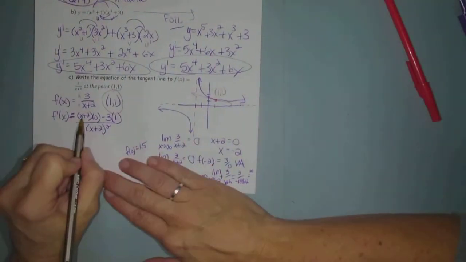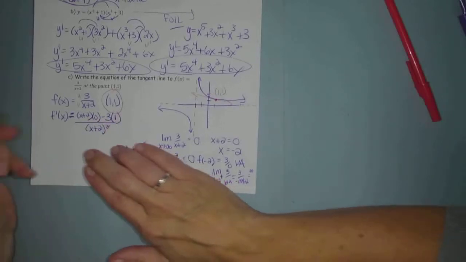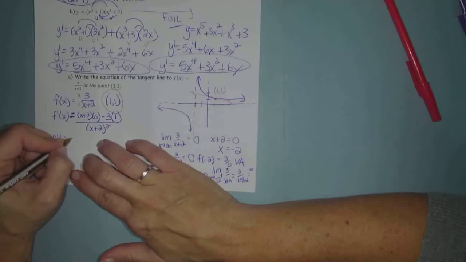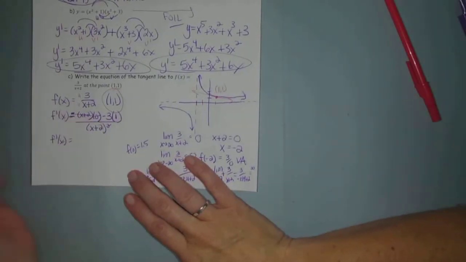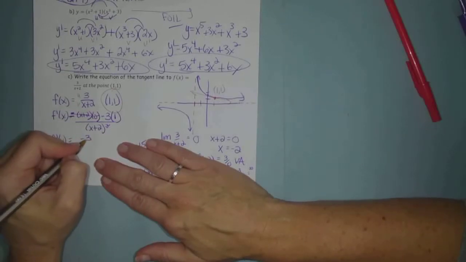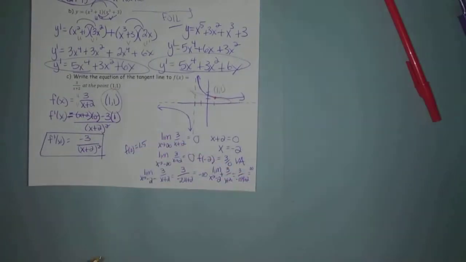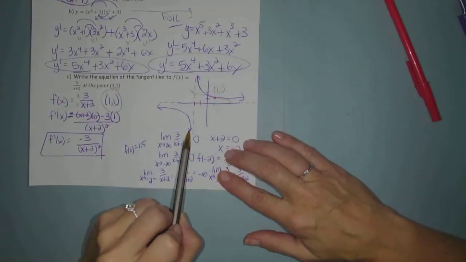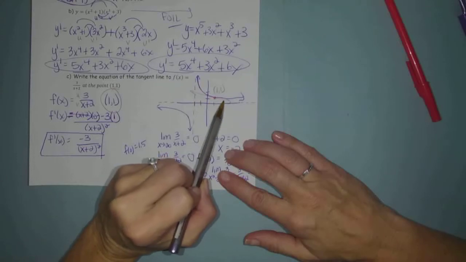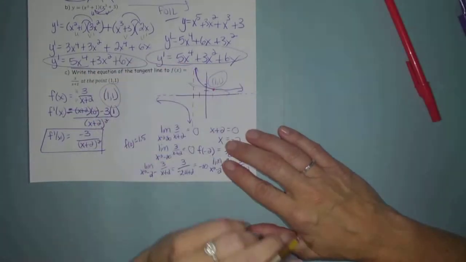This is v times u prime minus u times v prime all over v squared. When I simplify that, x plus 2 times 0 is 0. I'm left with negative 3 over x plus 2 squared. Now that is the derivative. This will give me the slope anywhere along this graph that I choose to evaluate it at. But we wanted it specifically at 1, 1.